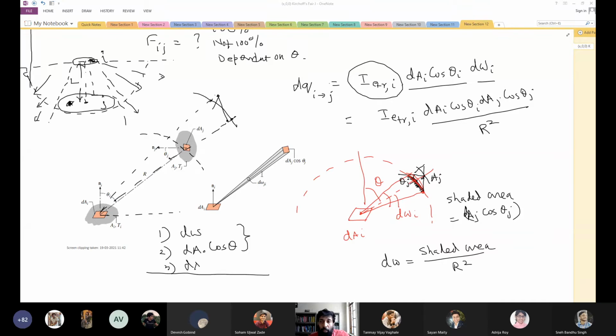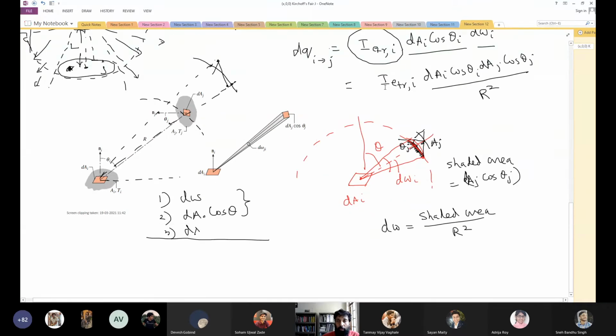This is not any big thing, just the hemispherical integration. Let me pull that up.